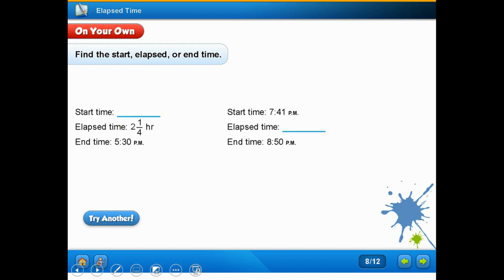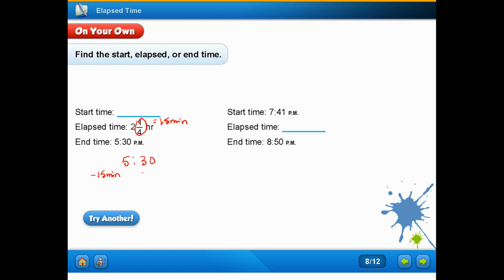Okay, and then let's do these last two here. So again, we have elapsed time. We have our end time here. So we're going to start at 5:30. And we can do this either way. Here we could take away the minutes first. We could take away the hours first. I'm going to change it up, and I'm going to take away the minutes. If they try to trick us, remember, 1/4 hour equals 15 minutes. So 2 hours and 15 minutes. So I'm going to subtract 15 minutes.